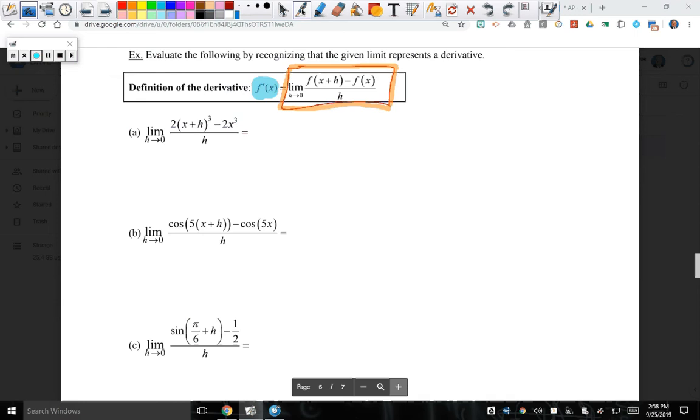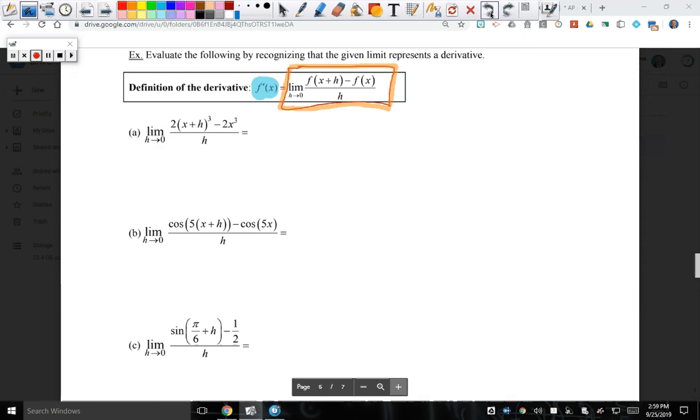Close. Not h, but 0. If I give you an example problem but I put infinity, you can't do what I'm about to show you. You would treat it as an infinite limit. You with me? Okay, here we go.